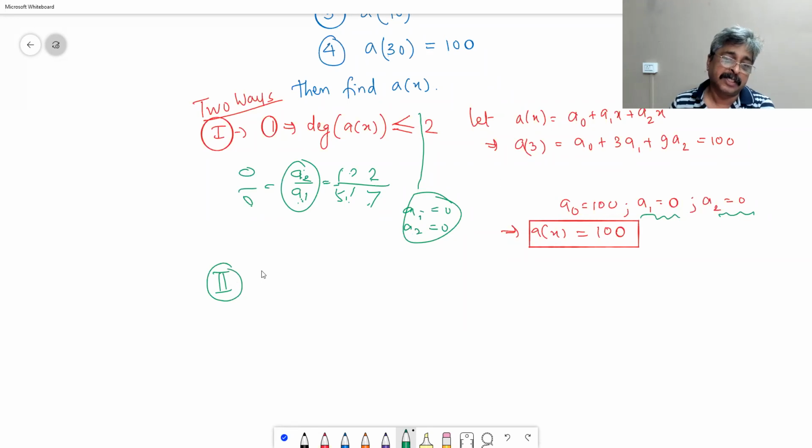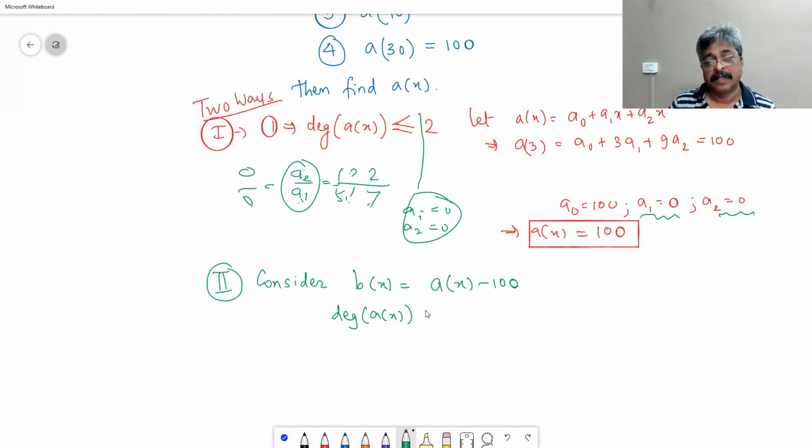show the second method. Consider b of x is equal to a of x minus 100. Degree of a of x is less than or equal to 2. Degree of 100 equal to 0 implies degree of b of x will be less than or equal to 2, right?